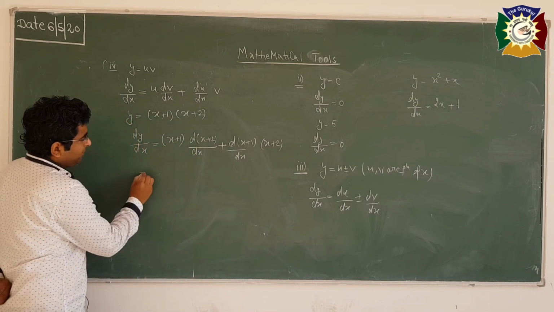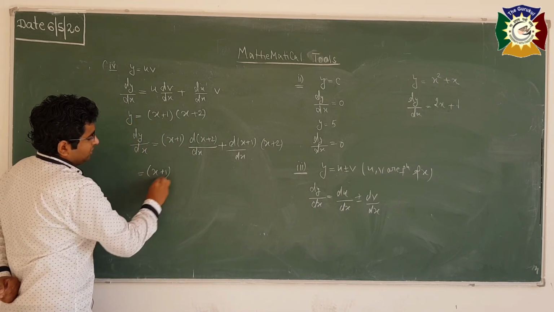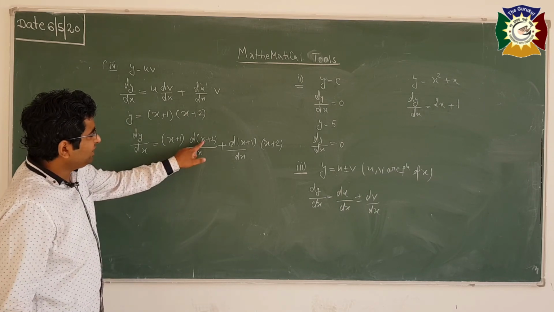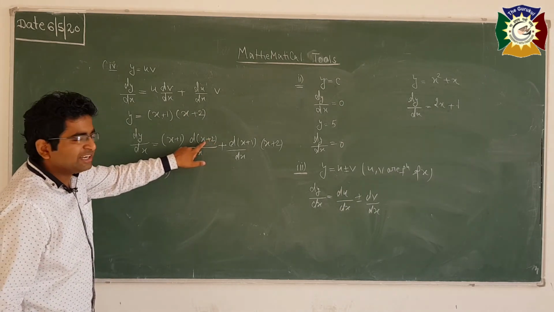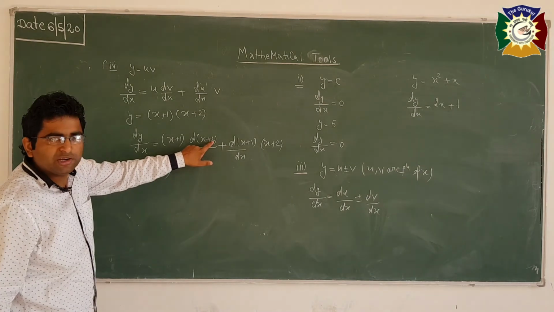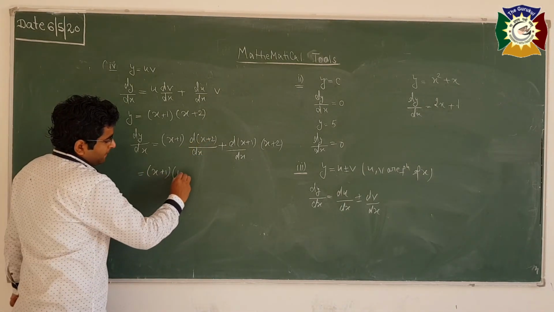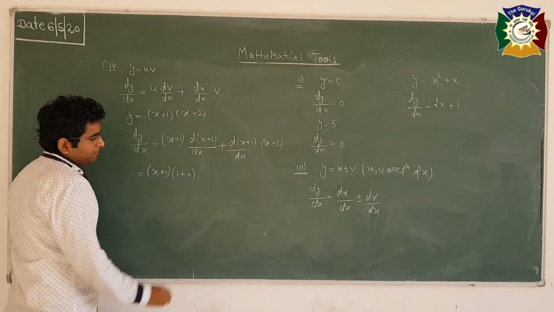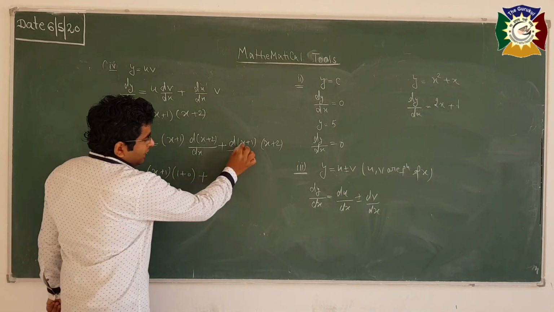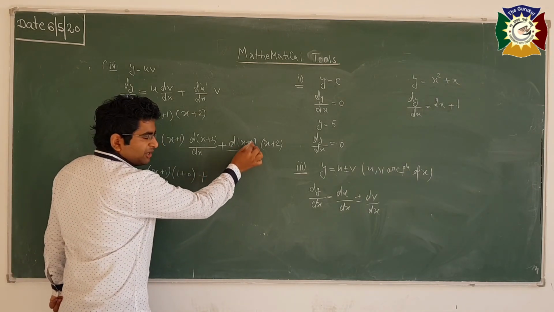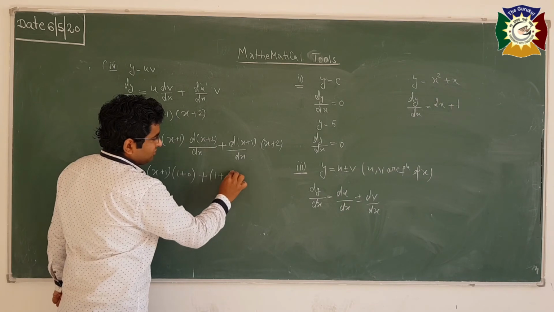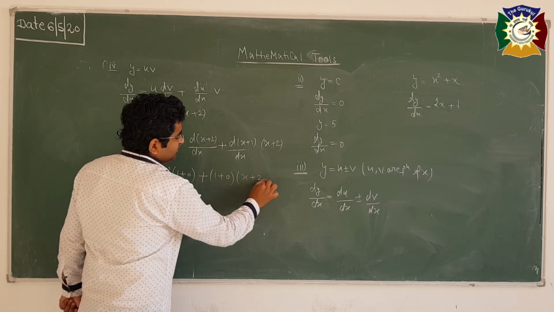Now, it will become x plus 1 here, derivative of x plus 2, derivative of x is 1, derivative of 2 is 0, clear, plus derivative of x is 1, derivative of 1 is 0, so 1 plus 0, times x plus 2.